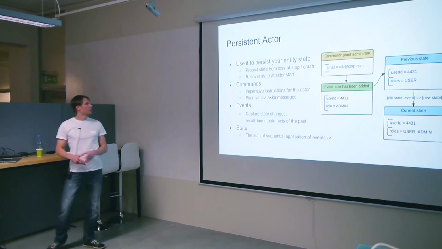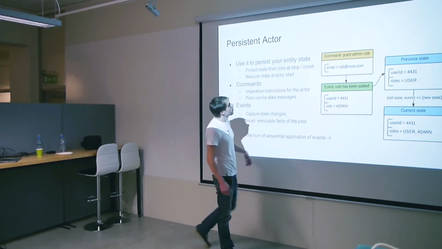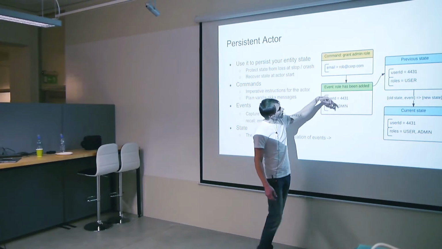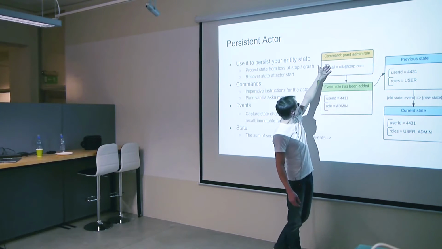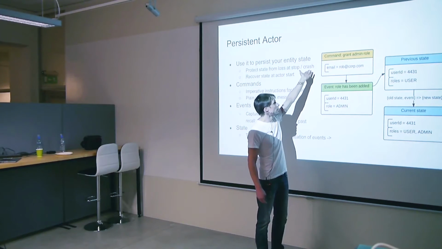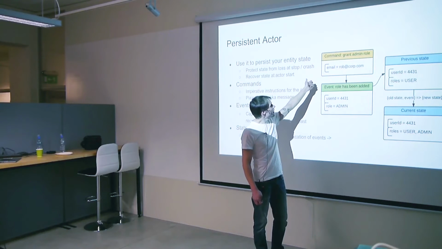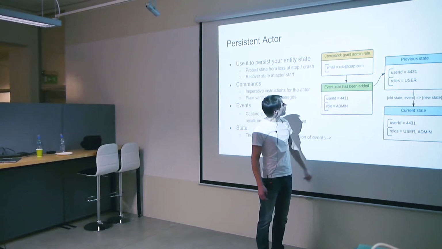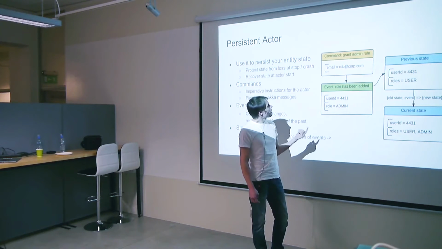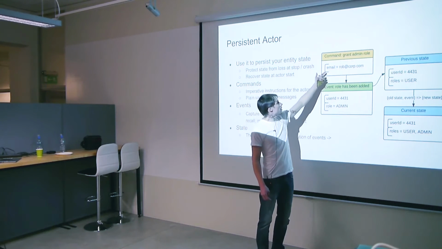So in this picture, imagine there's an actor. Imagine the blue one is its state. A command comes in from an external entity saying, please grant administrator role to a user by this email. The system checks whether such a user exists.